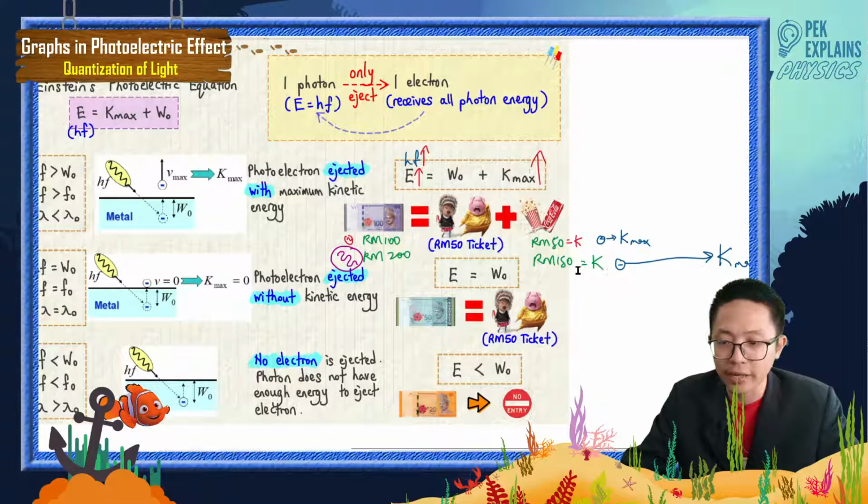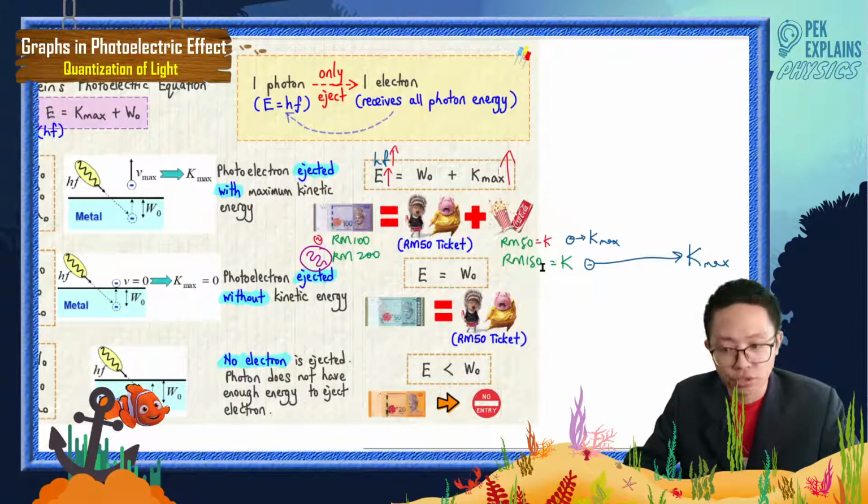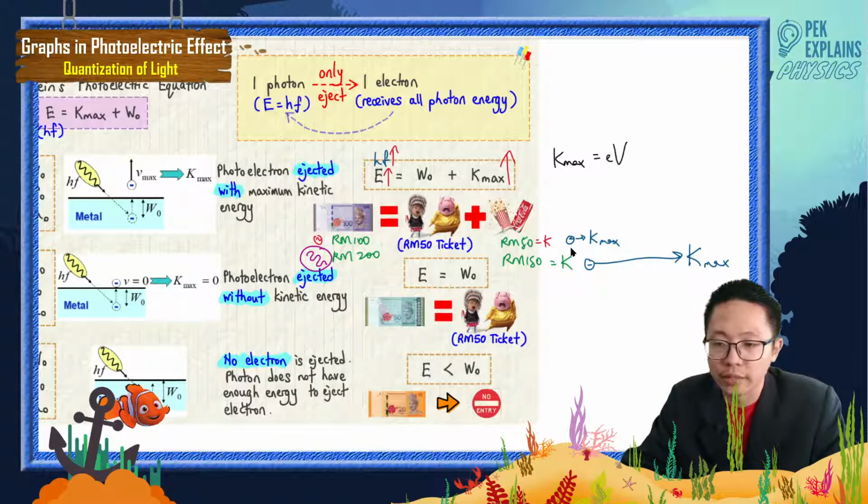Because the electron absorbs more photon energy, and that's why when it is ejected, it has more kinetic energy. Harder to stop this electron. So we also know another formula, Kmax equal to eVs, isn't it?